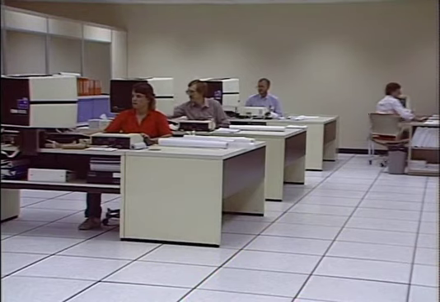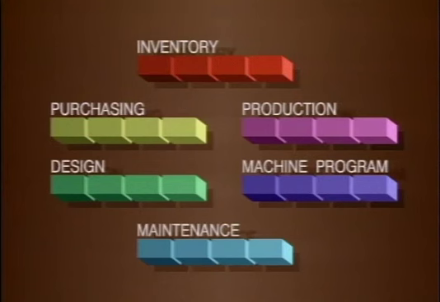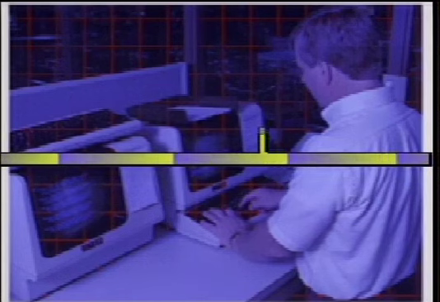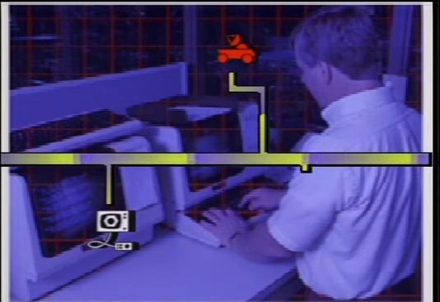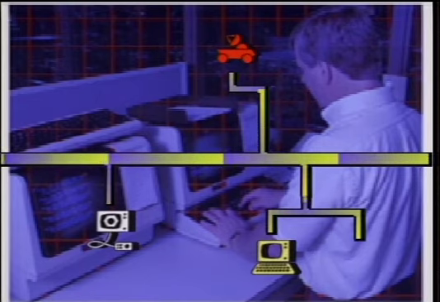The computer is the agent of integration and is supported by two technologies: data-based management systems, that is, software which facilitates access to large amounts of data contained in interrelated files of different types, and communication networks, which allow different types of computer-based equipment to communicate with each other and with a central database.